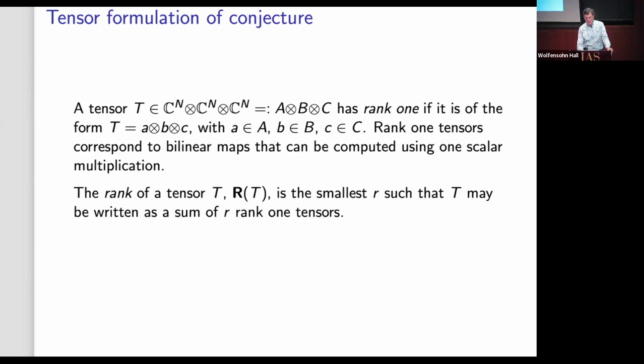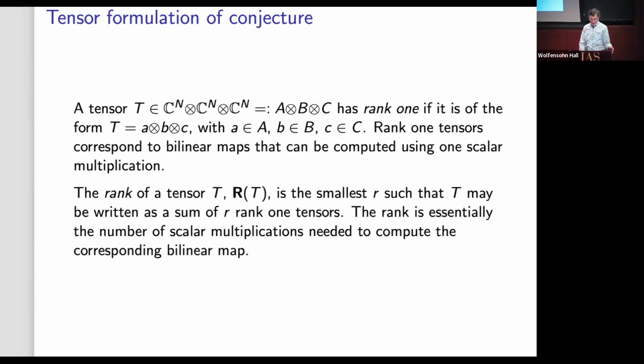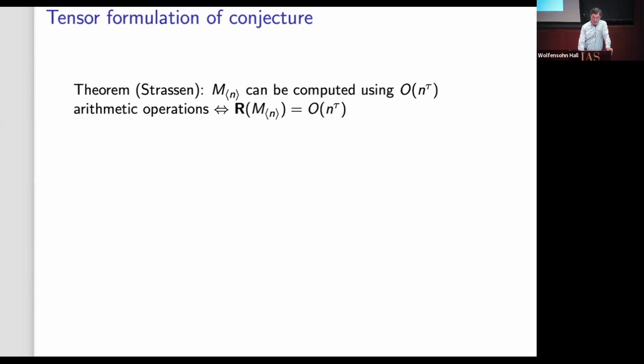So the rank is the smallest r such that your tensor can be written as a sum of r rank 1 tensors. And it's essentially the number of scalar multiplications needed to compute the corresponding bilinear map. And the point is that tensor rank governs the asymptotic complexity of matrix multiplication.